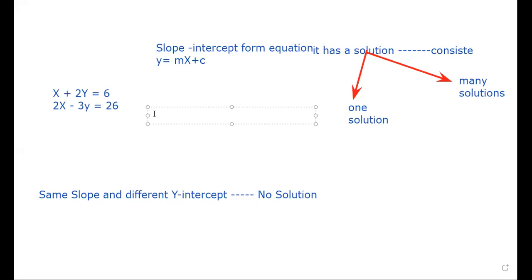You know the quick way which we studied before to calculate the slope? Negative a over b. Do you remember? Negative a over b, which means negative the coefficient of x over the coefficient of y.